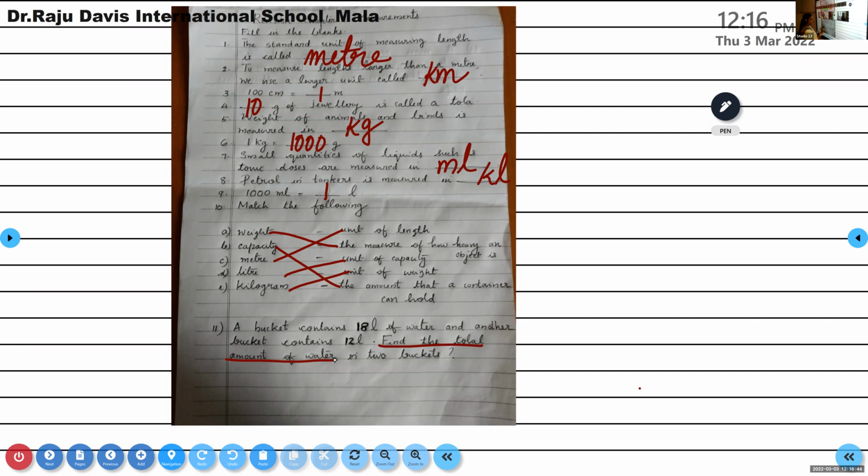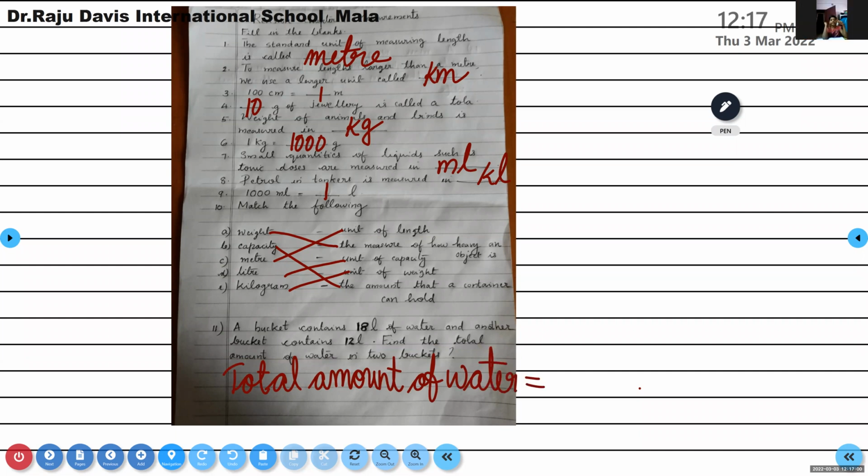So for finding that, we can write like this: total amount of water is equal to 18 liters plus 12 liters. Then we can add it by the side.